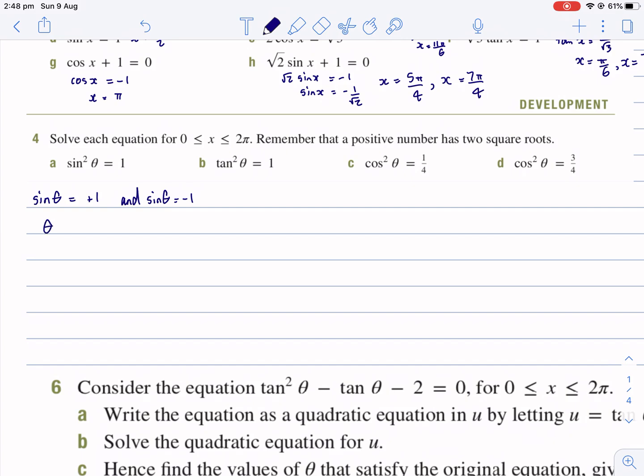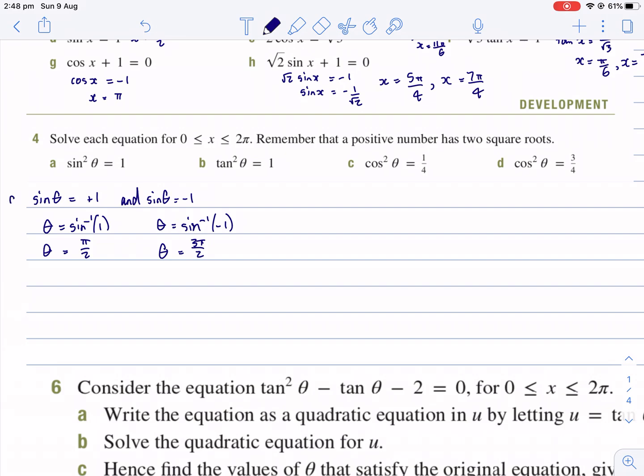So theta equals arcsine 1. So sine theta comes out as +1 when you're 90 degrees, which is pi on 2. Comes out as -1 when you're 270 degrees, 3 pi on 2. And they're your two values.